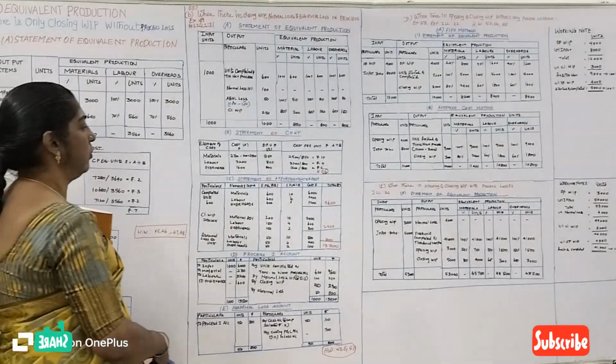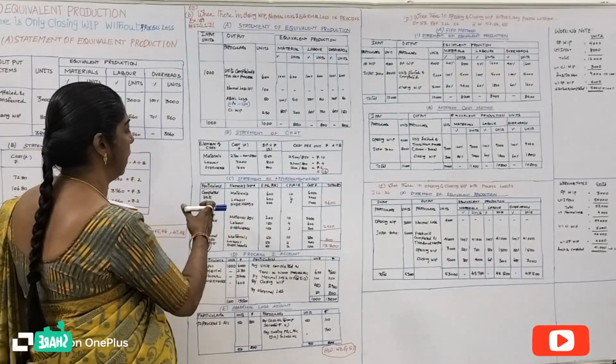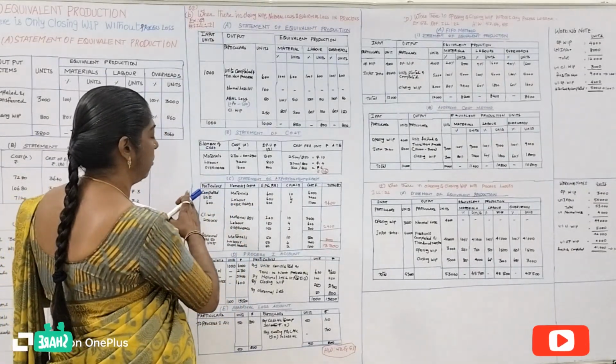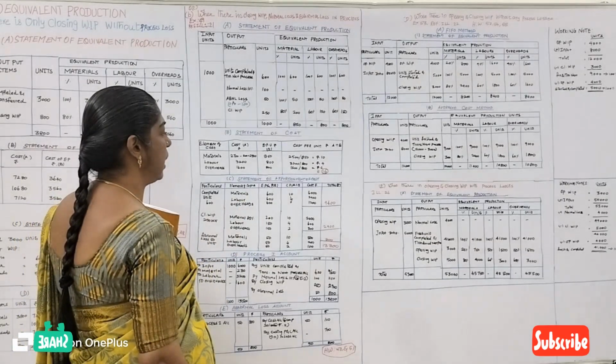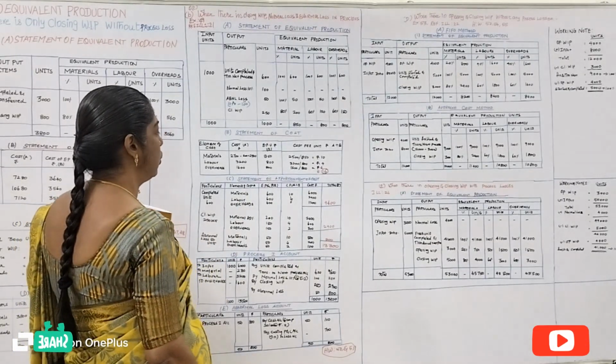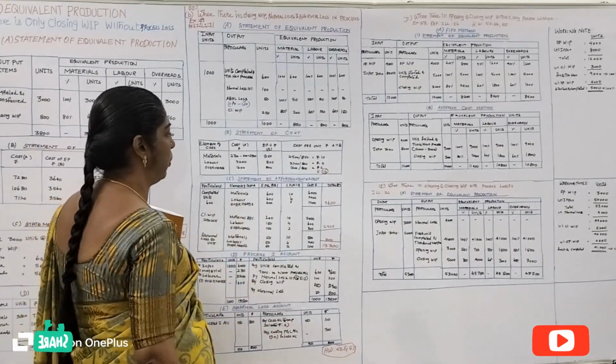So it ensures that all the expenses are shared equally. For that we prepare the statement of apportionment of cost.